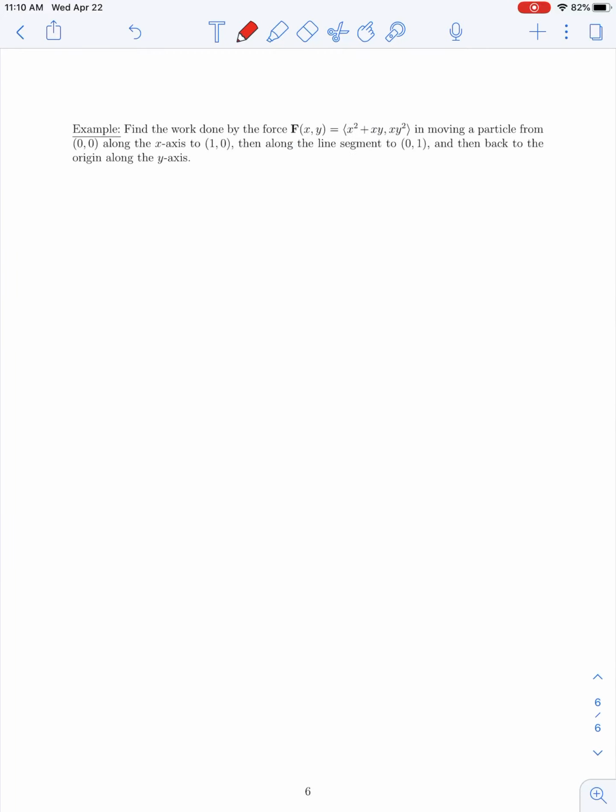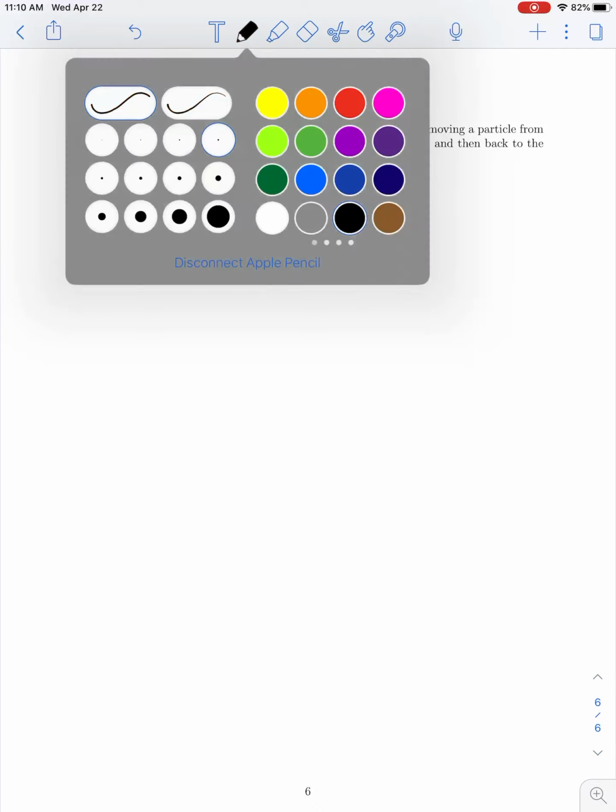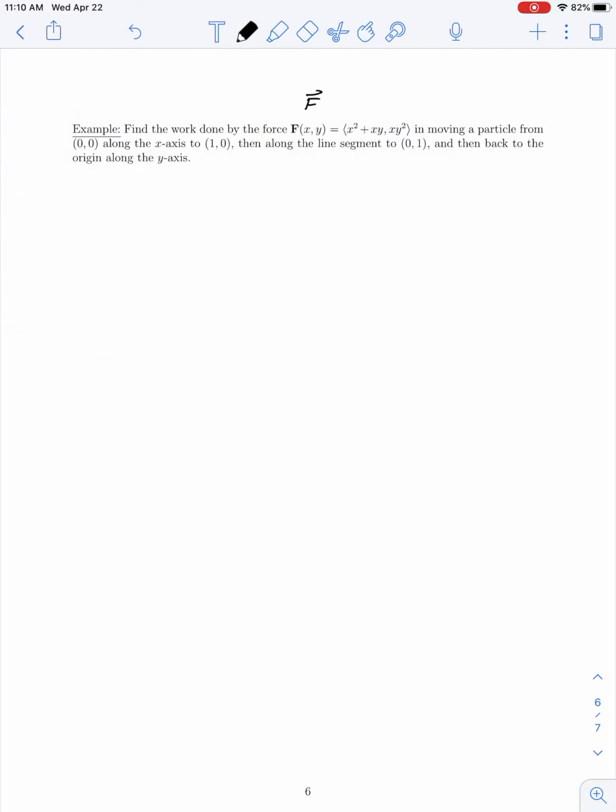So in our last example, we are asked a similar problem. We want the work done by the force field, whose component functions here are P and Q, in moving a particle from the origin along the x-axis to the point (1, 0).